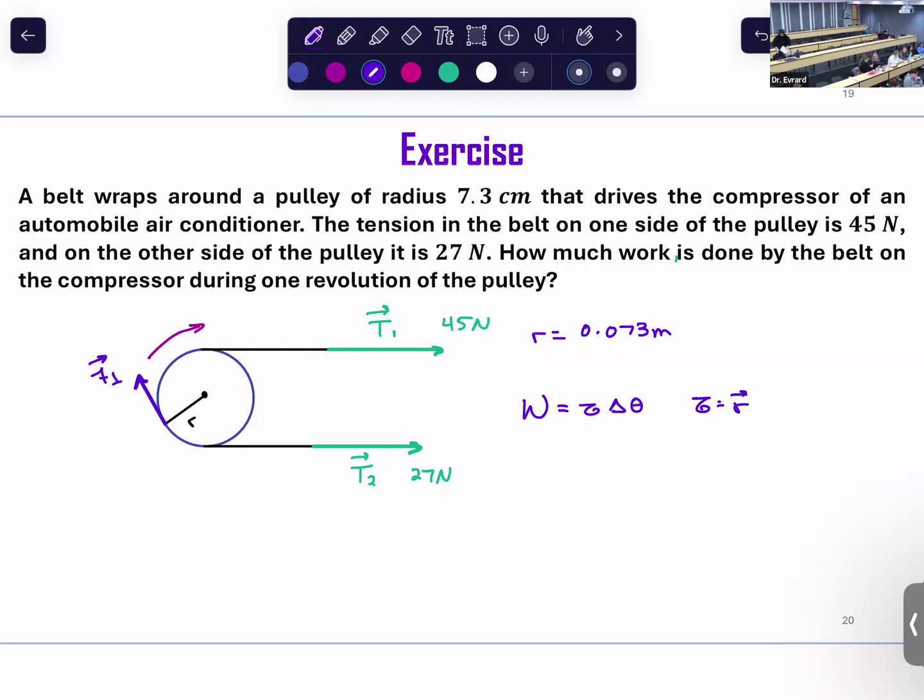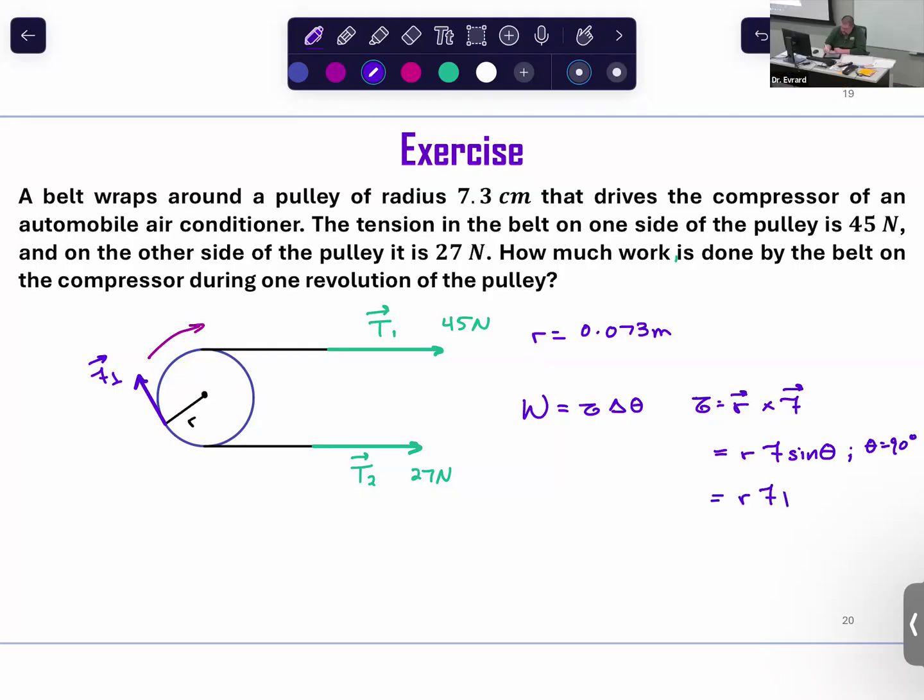So if you look at the radius and the perpendicular force vector, because it's perpendicular force, that theta is 90 degrees, so we're going to get R multiplied by perpendicular force. We want to keep in mind that this is going to be net perpendicular force.